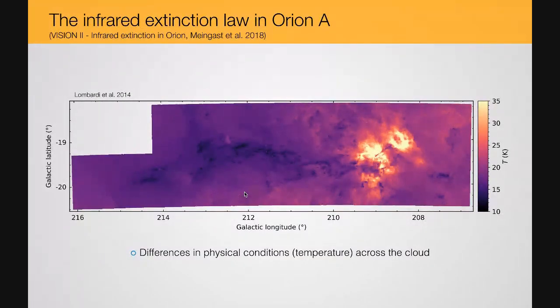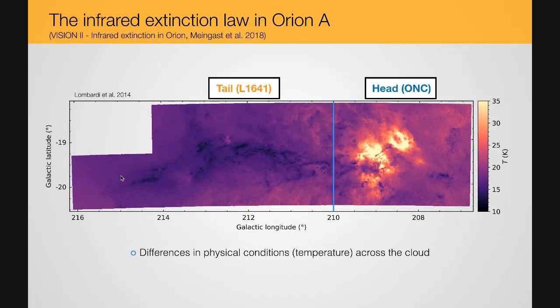Another thing that we did: when you look at the cloud in projection and color it with the temperature measured from dust emission, you see there are differences in the environment. In the western parts of the region you have the cluster with a tendency of warmer dust, and you have very cool parts in the east.